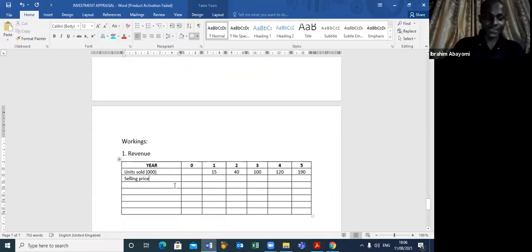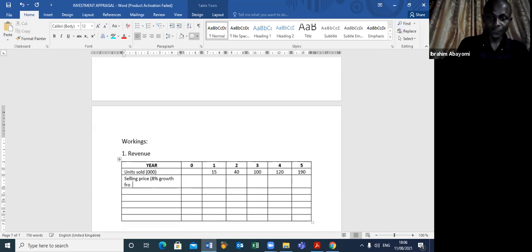Okay, so selling price is what? It will grow by 8%, 8% growth from year 2.